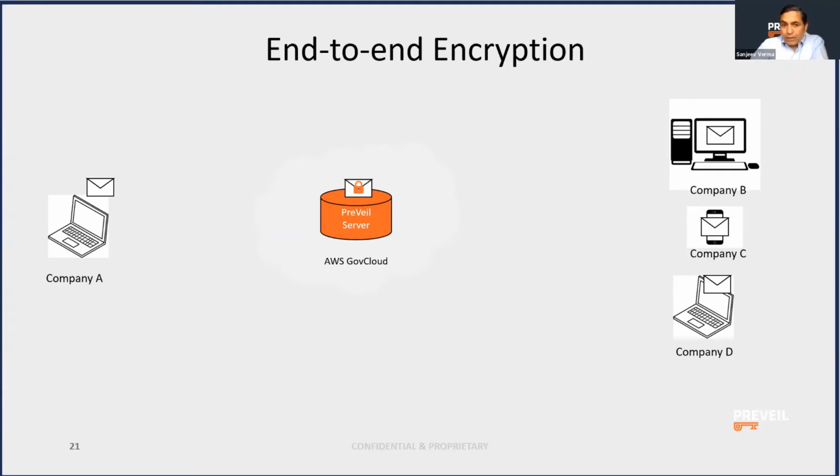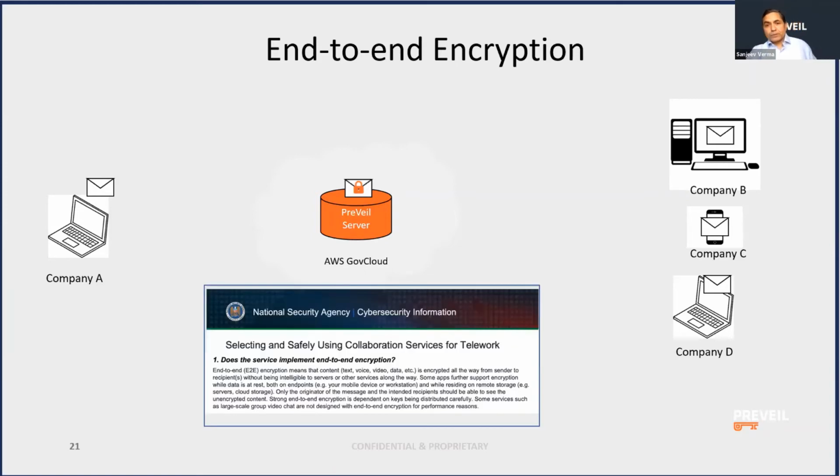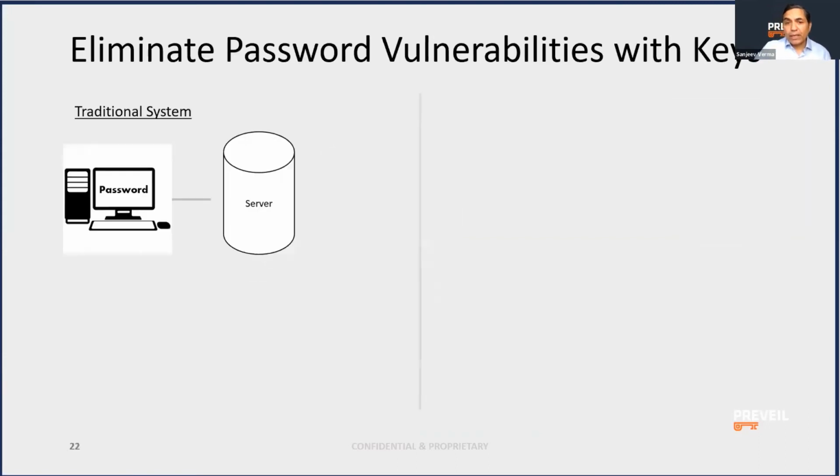In the case of Prevail, the keys are not in any key server. They are at the end devices. And so you can think of Prevail more like Signal that you may have heard of for messaging, but it's designed for enterprise use. And this is really why the NSA recommends end-to-end encryption.